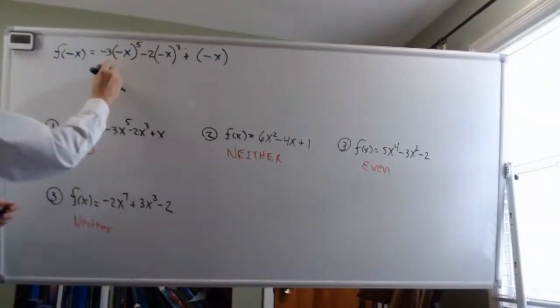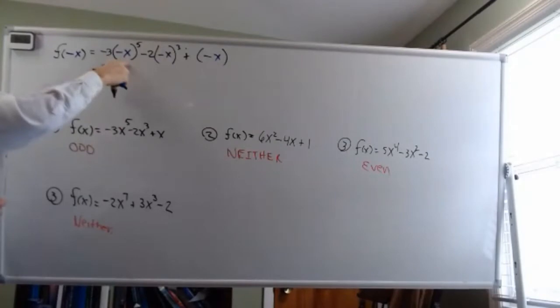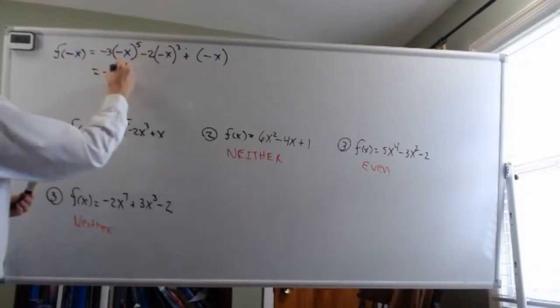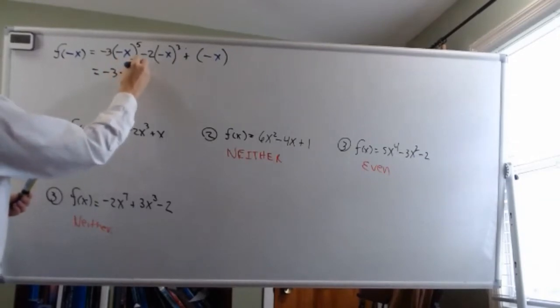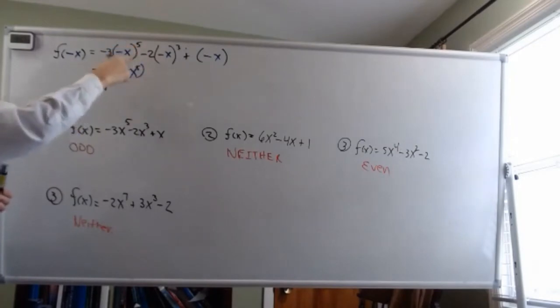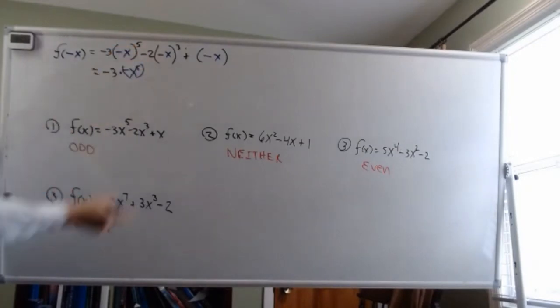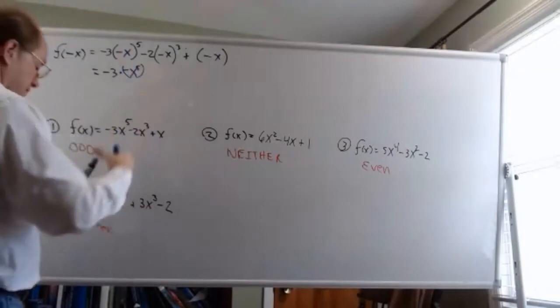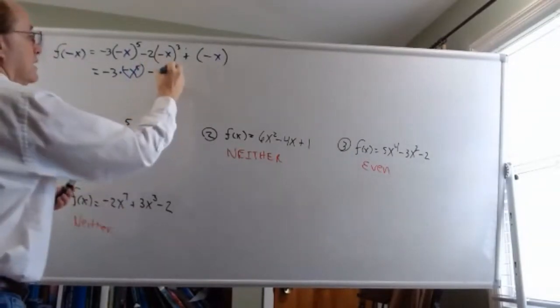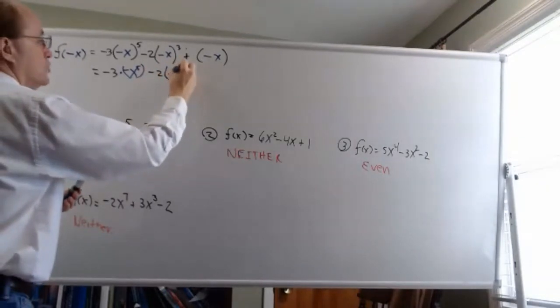Well, that's a negative 3. If I raise that to the 5th power, I get times a negative x to the 5th. And now the parentheses get removed. That's negative x times negative x times negative x, assigned as negative. This gives me a minus 2 times a negative x cubed.